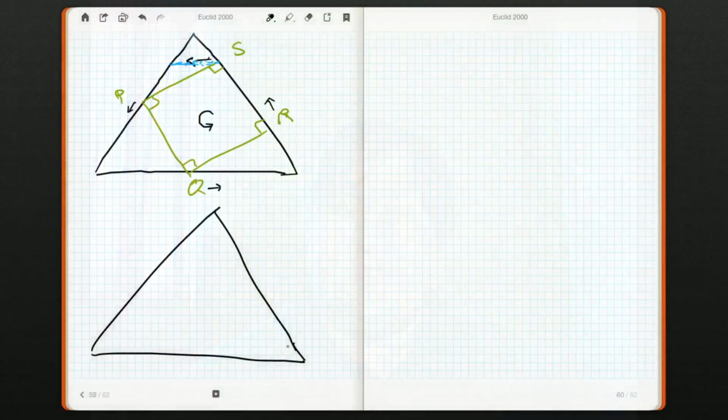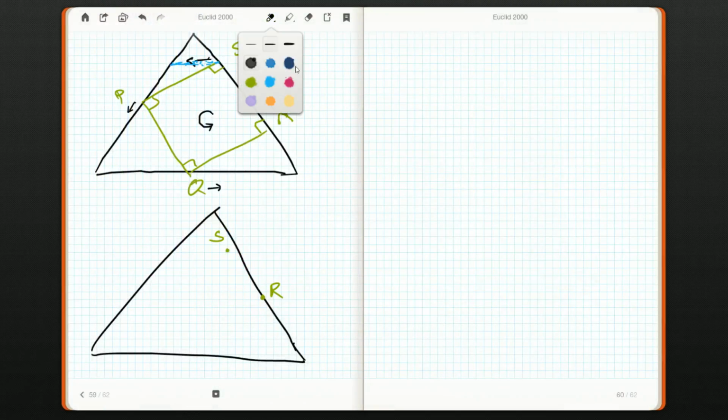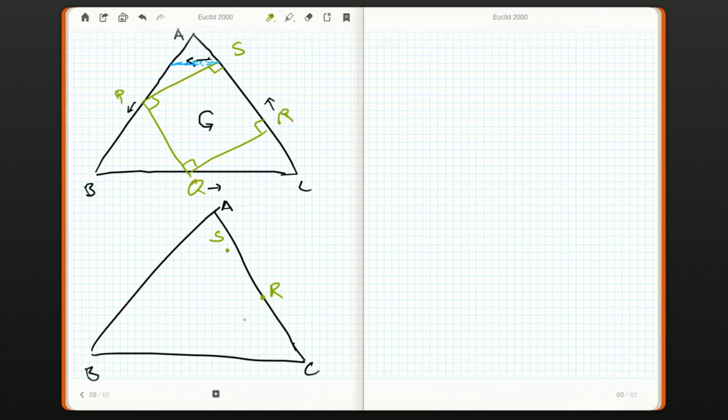So I'm going to draw an intermediate stage right now. So we'll have just moved. S will be, I guess, around here. But R will still somehow be on AC.